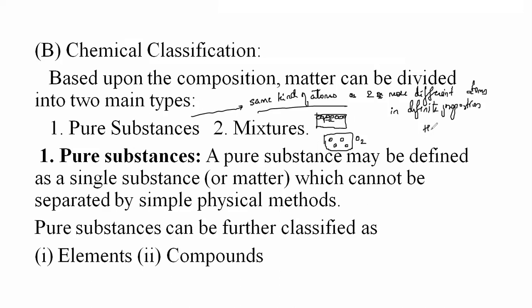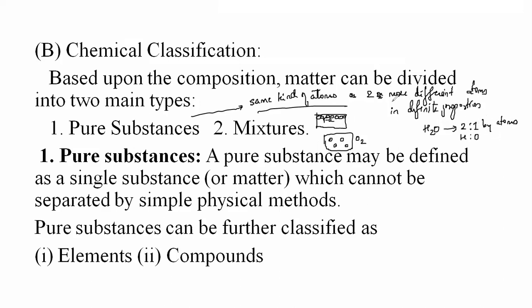For example, you take water. Water is H2O. It is made up of two or more different atoms, but the proportion is always fixed. By atom ratio, two atoms of hydrogen and one atom of oxygen. You go across any part of the world or the universe, you will have water with the composition by atoms, I'm speaking, of 2:1, two atoms of hydrogen and one atom of oxygen. So this is a definite proportion.